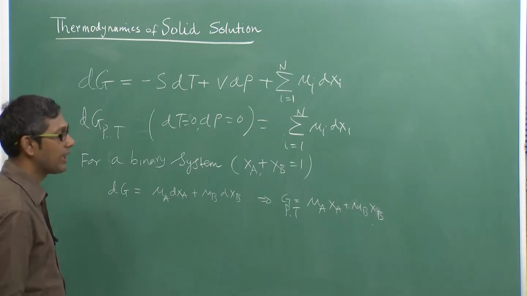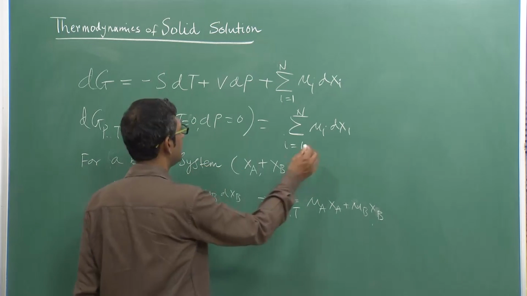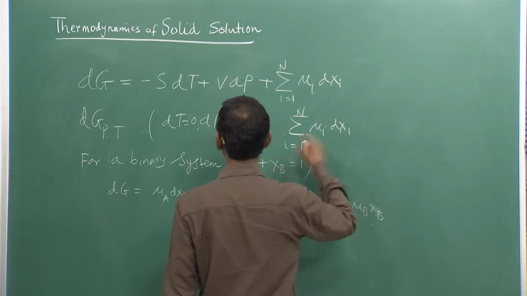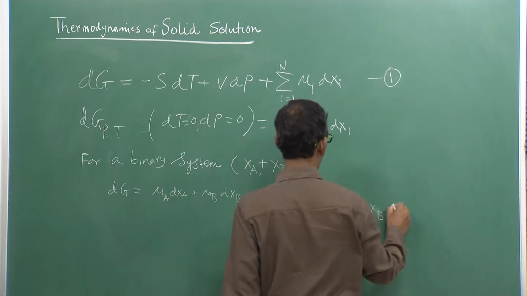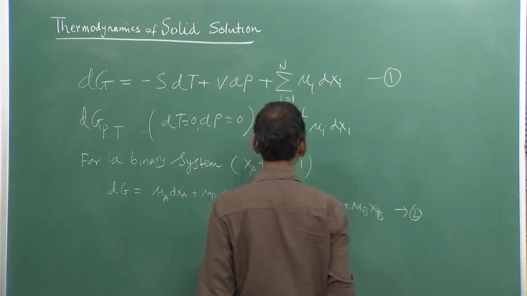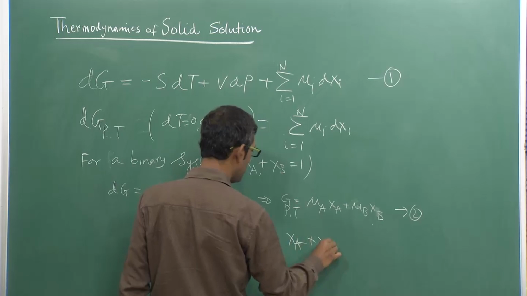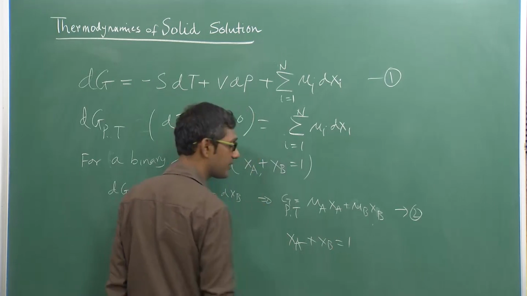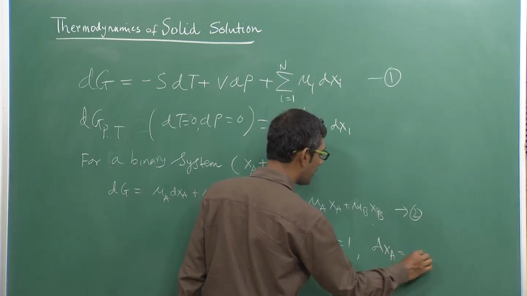Now using these three things: this fundamental equation at the top, equation number 1, equation number 2, as well as the condition that xa plus xb equal to 1 in a binary system, therefore dxa plus dxb equal to 0, since 1 is a constant, so dxa is equal to minus dxb.